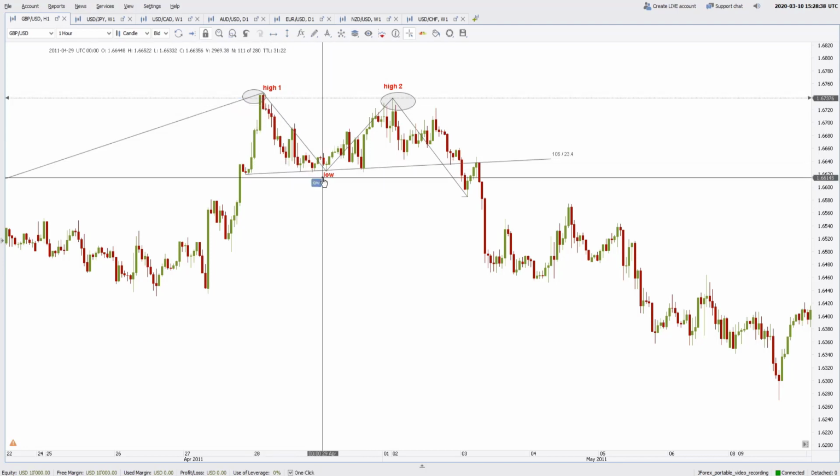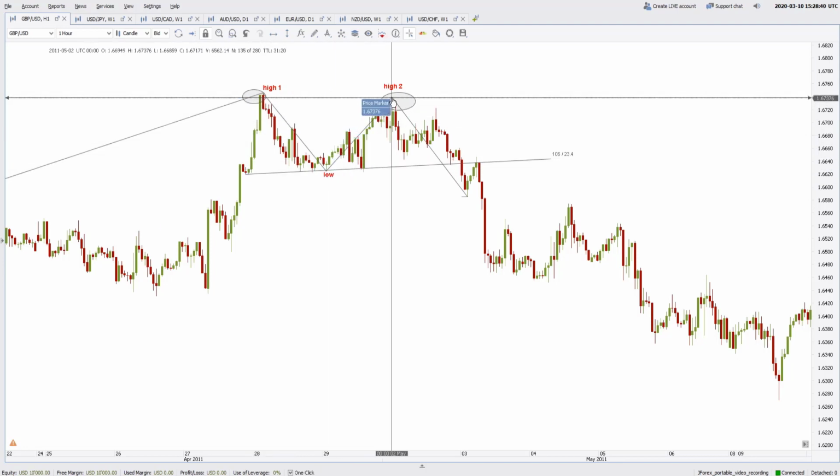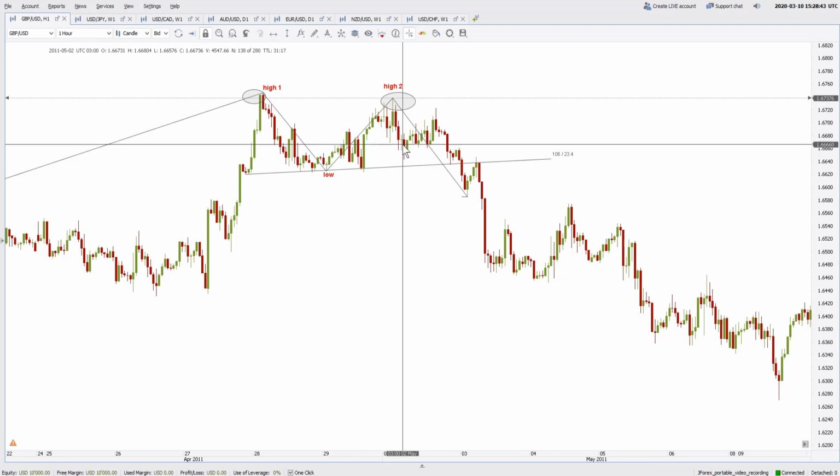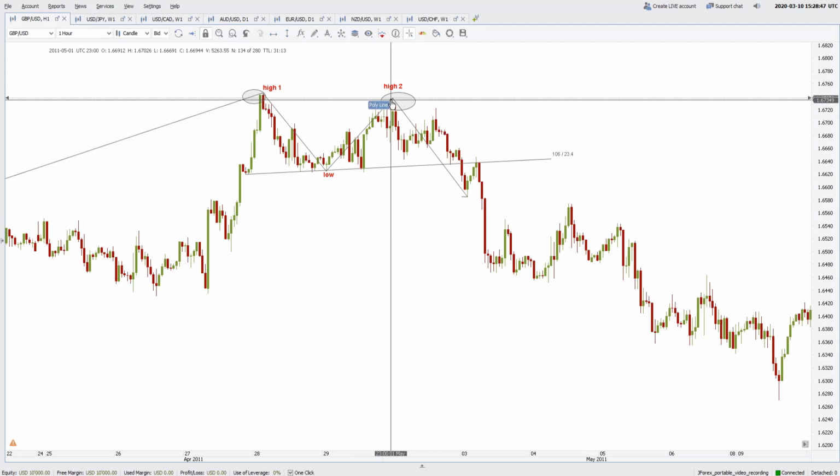It indicates that the bears are trying to take control of the market. That is what we want, because for a correct double top, we need sellers to take control of the market, of course.